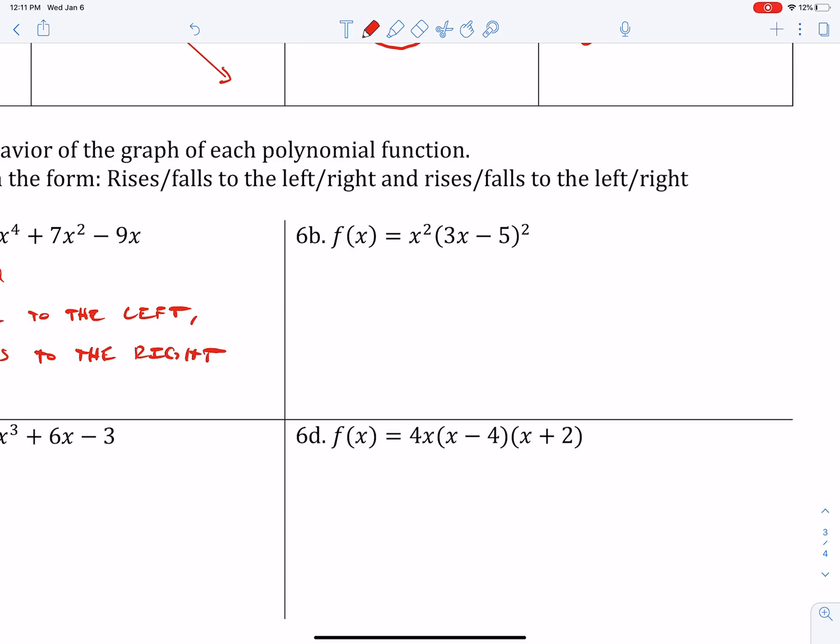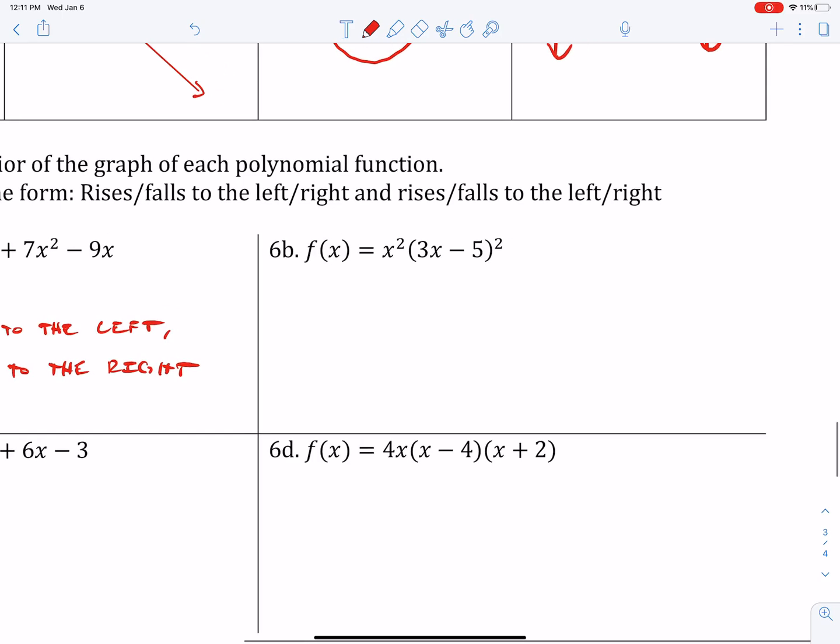So here I have x squared and then 3x minus 5 squared. Let's break that out in long form. So let's just rewrite our problem. That's going to be helpful visual-wise. And then remember, it's 3x minus 5 squared, so that's just saying it's written twice.